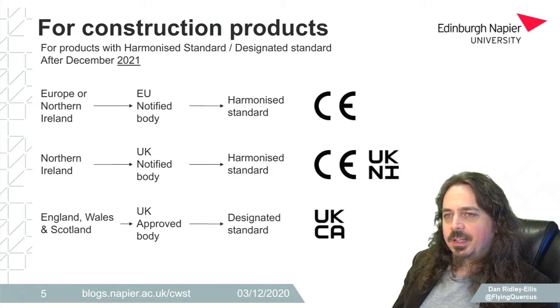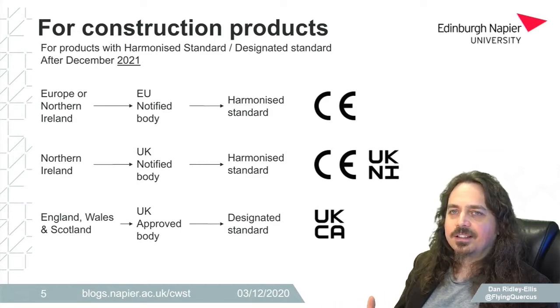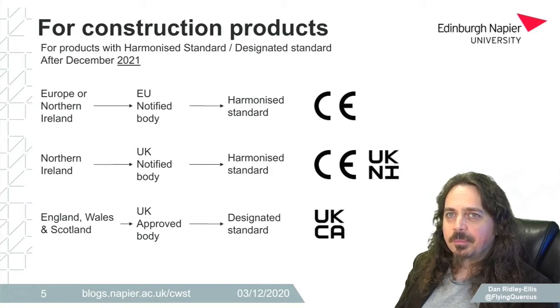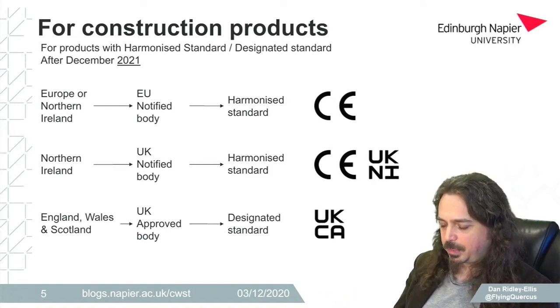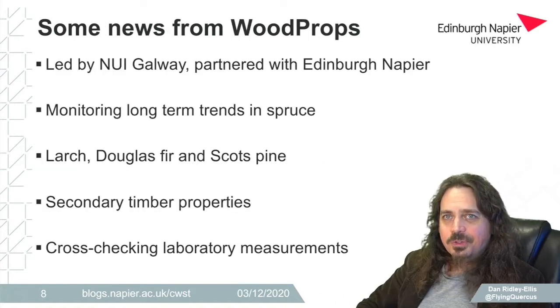But because you might want to do that CE marking with a UK-based notified body, there is this additional mark, a UK NI mark, which allows you to put a CE mark on your product and make it suitable for the Northern Irish market, but not suitable for the European market. So you're following the European system, but you happen to have a UK-based notified body instead of an EU-based notified body.